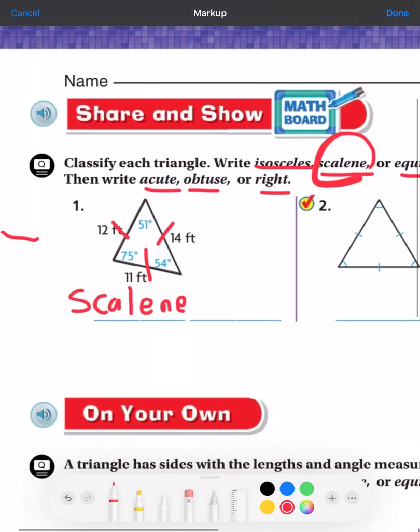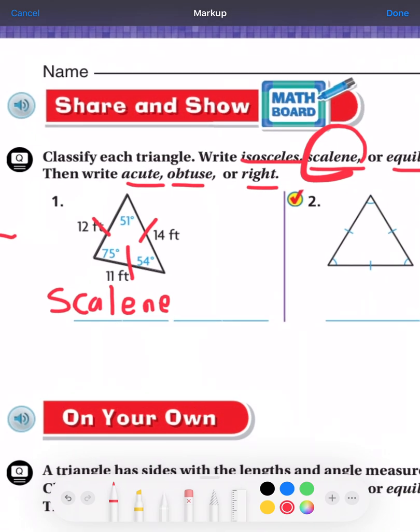I think most would agree with that for sure. And is it acute, obtuse, or right? 51, 75, 54. There's no right angle. There's no obtuse angle. This guy is 100% acute triangle. It's a scalene acute triangle.